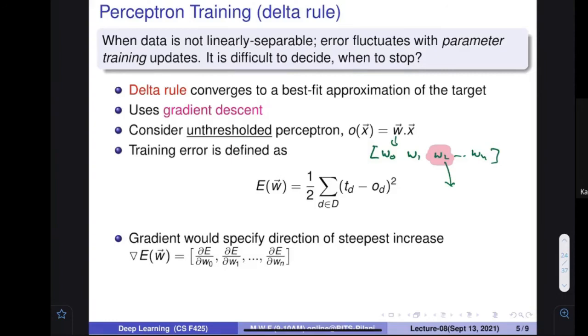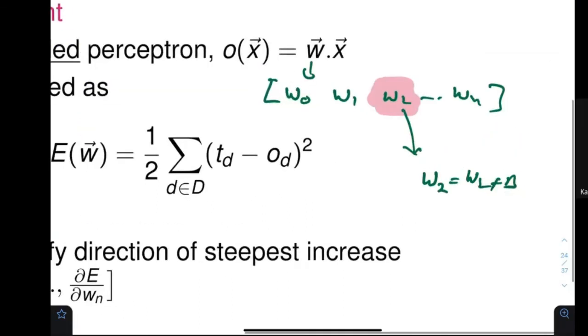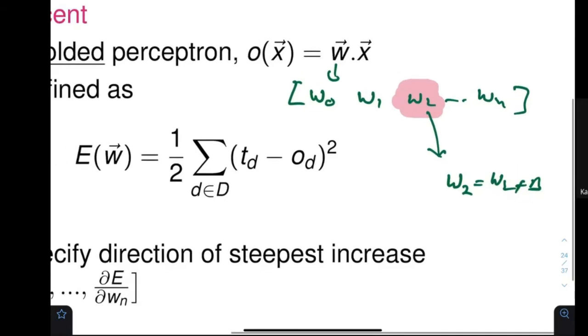If we do a small change, w2 equals w2 plus some delta, we want to see what is the effect of this change on the error.